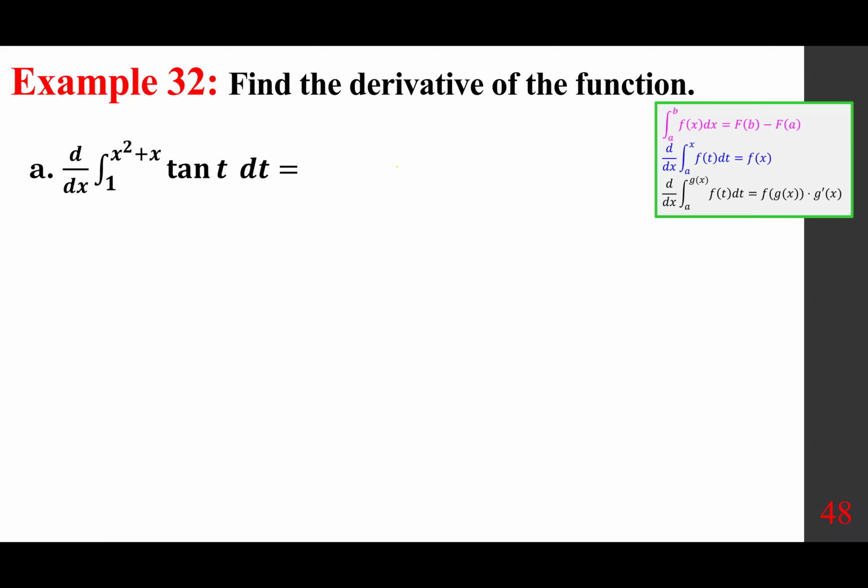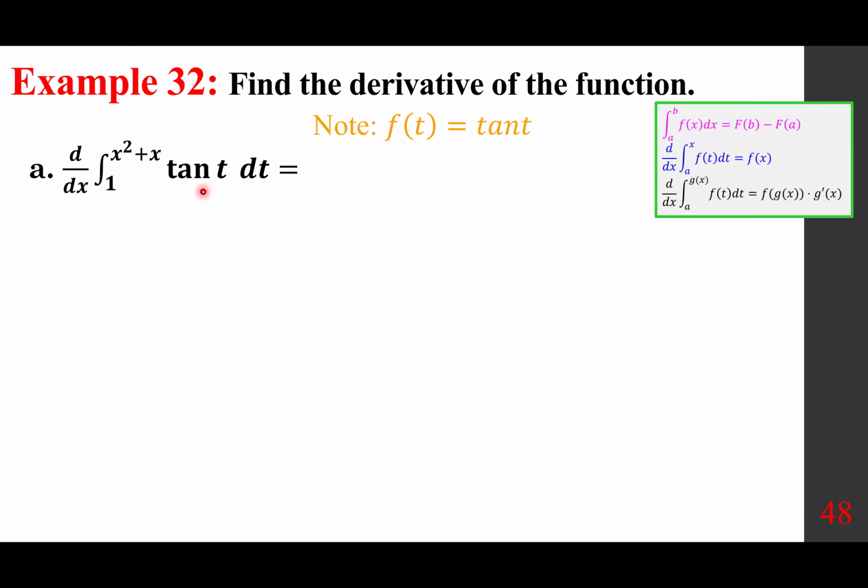Find the derivative of the function, okay? The derivative of the integral of a to x of f of t dt is simply f of x. But over here, the derivative of the integral of tan t dt as it goes from 1 to x squared plus x. First and foremost, this is your function, f of t is tan t.